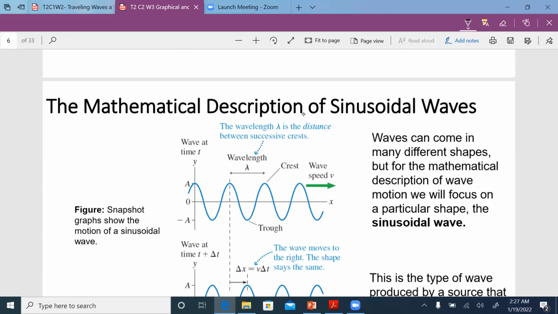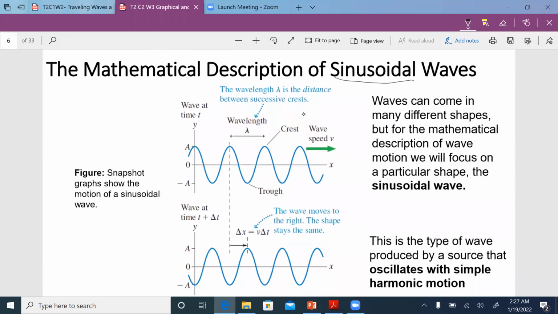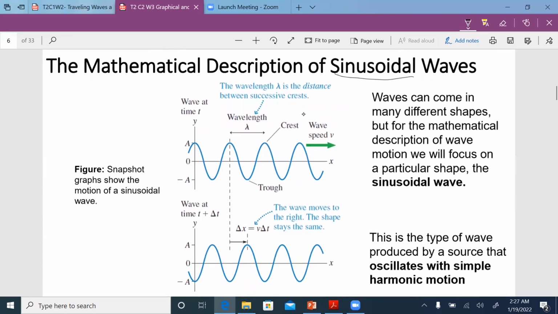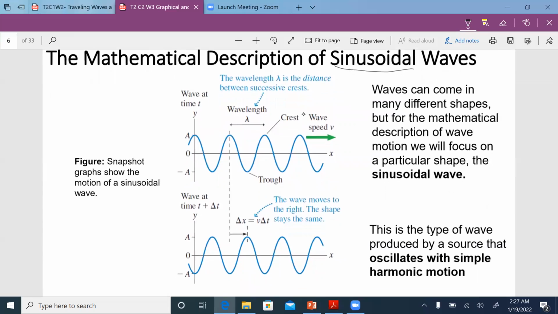We've seen the word sinusoidal before, and we said that it's simply the description of wave motion as a function of cosine and sine. So we'll say sinusoidal when we can describe it with cosine or sine. So how do we mathematically represent a wave? Waves can come in many different shapes.